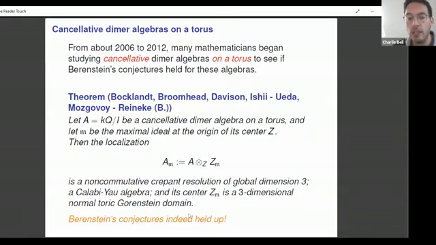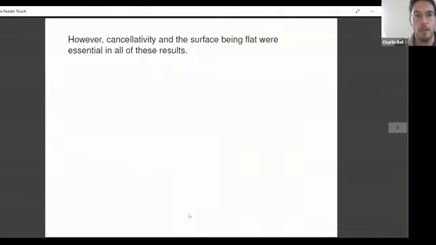But there was a lot of activity at this time with different people working on this question. However, cancellativity and the surface being flat, so a torus is a flat surface, its curvature is 0, were essential in all of the results.